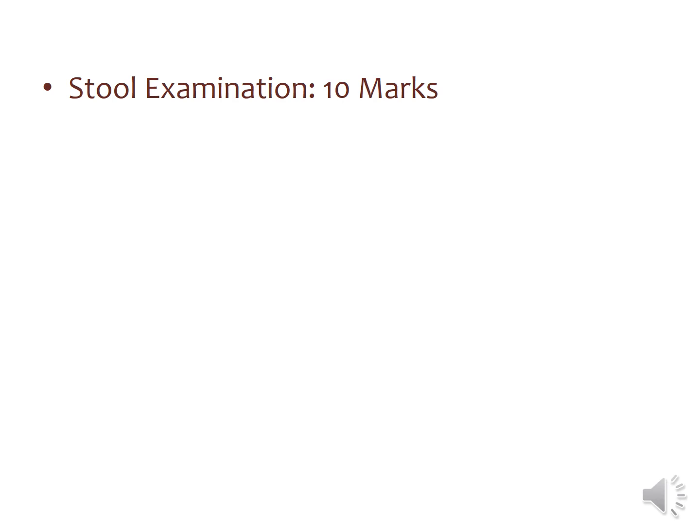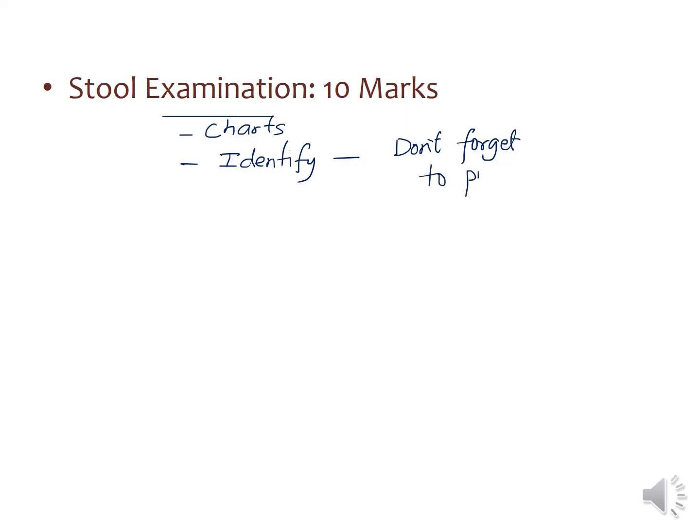Again, charts will be provided. Nowadays the samples are not easy to get, so charts are being provided. Then you have to identify them. While you are identifying, don't forget to put the number.